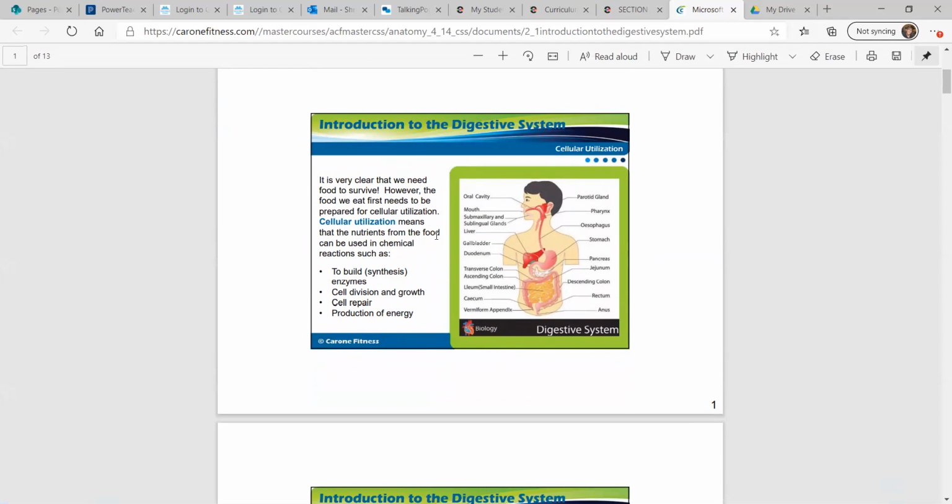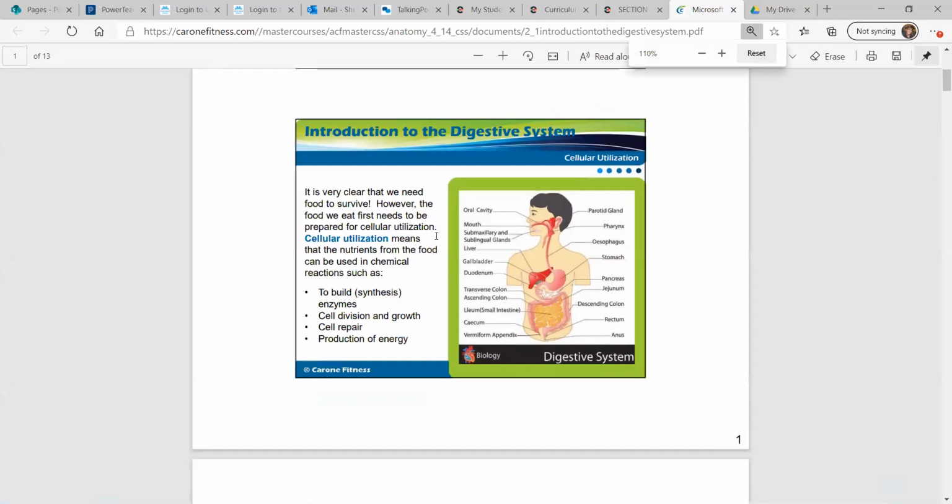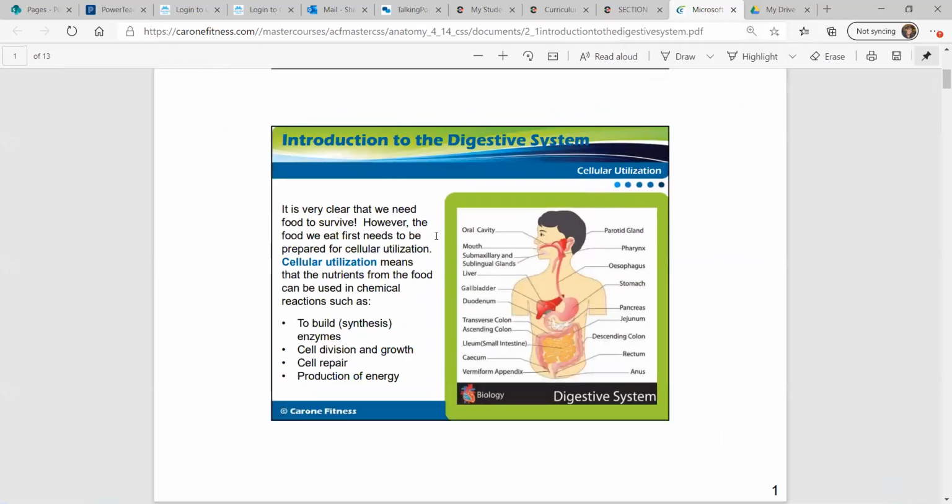So it's clear that we need food to survive. However, the food we eat first needs to be prepared for cellular utilization.